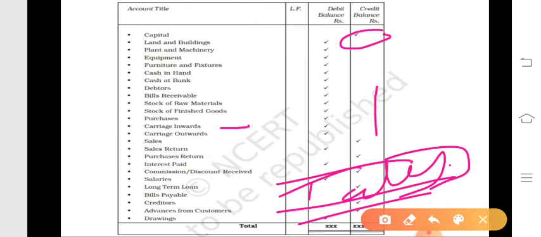It should be on the debit side because it's an expense. Carriage outward is also an expense, so it should also be at the debit side. Commission received is an income, so it should be at the credit side. So this way we'll have to prepare this trial balance.